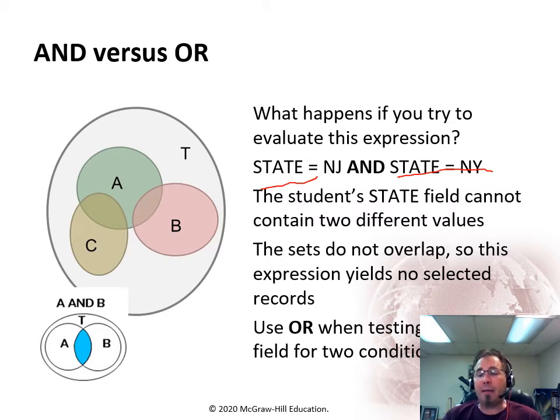Ask yourself, can I be from New Jersey and from New York? No, you can't. So this is one of those examples where using and is the wrong expression. You would need or to give you back everything that's in B and C. Right now you'd get nothing back because you can't be from B and C. As you can see in the diagram here, they're separated.